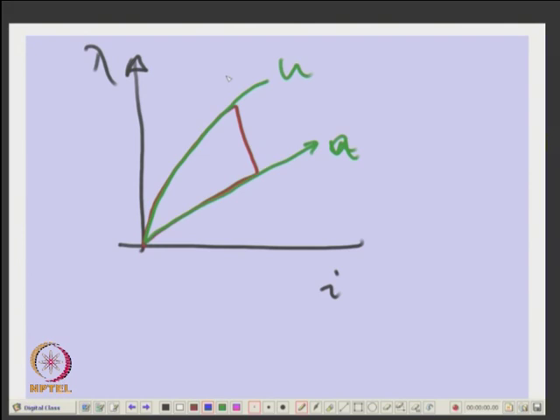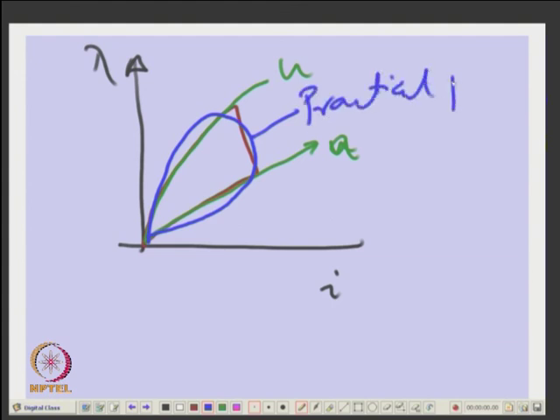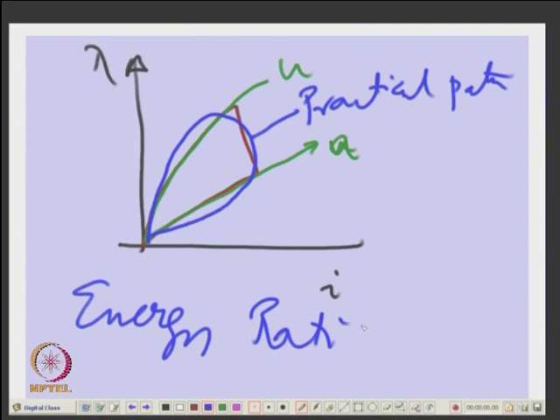Please understand that current is not constant. So, it might follow some path like this, maybe a practical path, because your current is changing with time even in the whole process, right. Therefore, your energy ratio is important, what we call the energy ratio, okay, right.